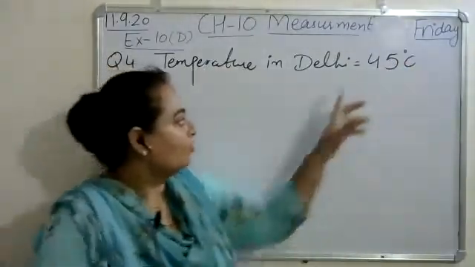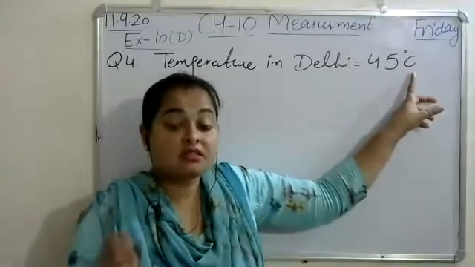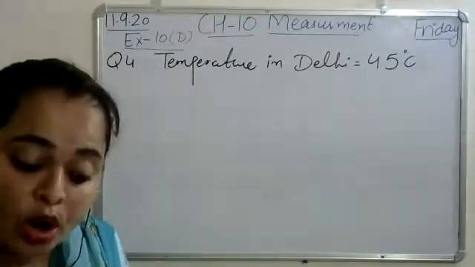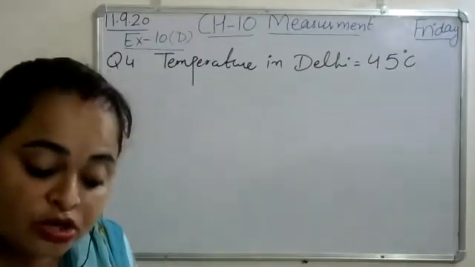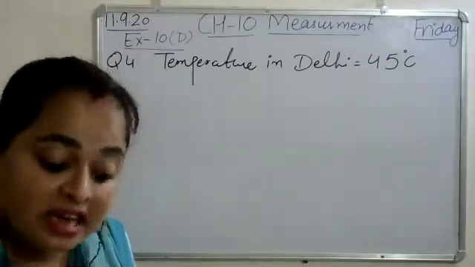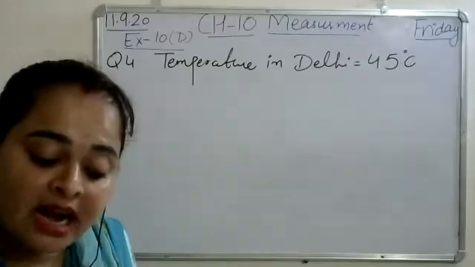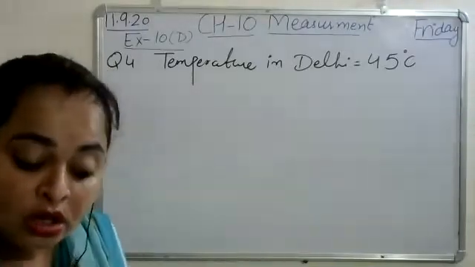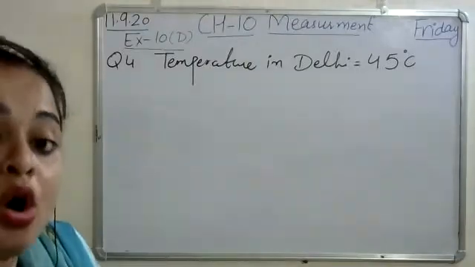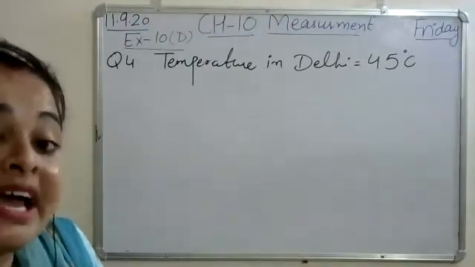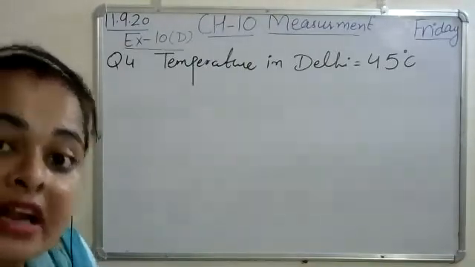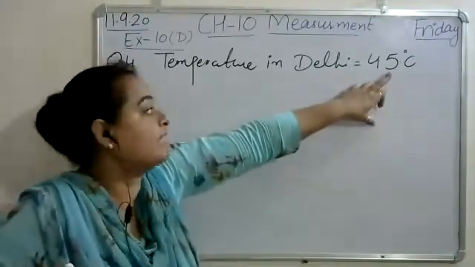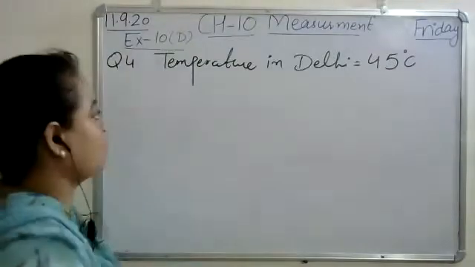But the demand is in Fahrenheit. Check the last line of the question: what is the temperature in Fahrenheit? So this question is based on giving your final result in Fahrenheit. So first of all, we will convert this Celsius to Fahrenheit.